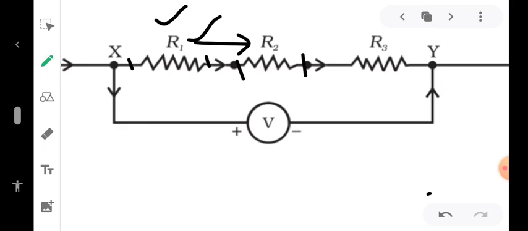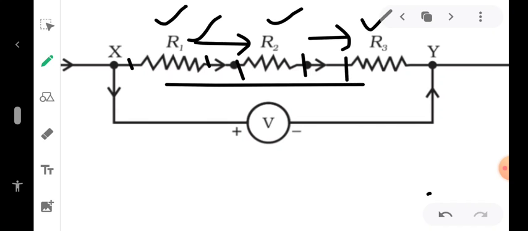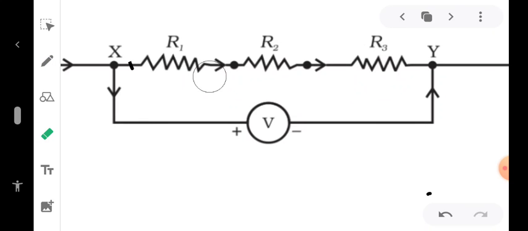The second terminal of the second resistor is directly connected to the first terminal of the third resistor. So this is a series connection. The consecutive terminals are connected with the consecutive resistors. If this kind of connection is there, then it is called a series connection.